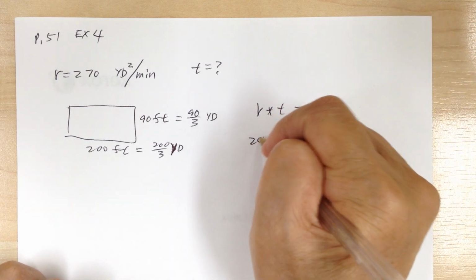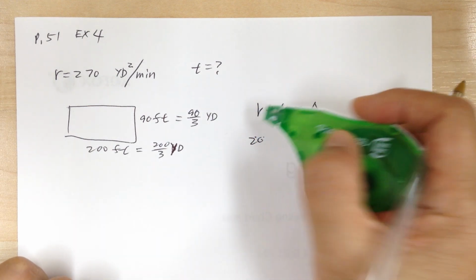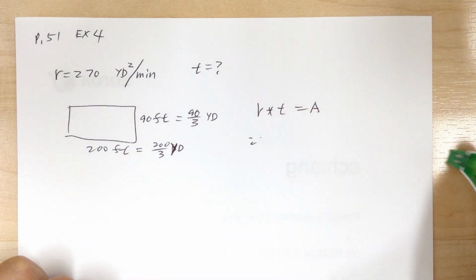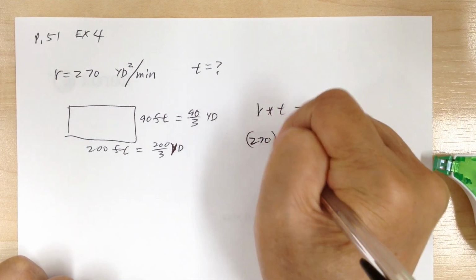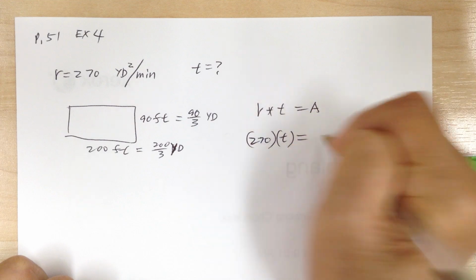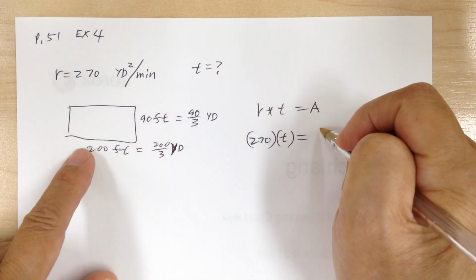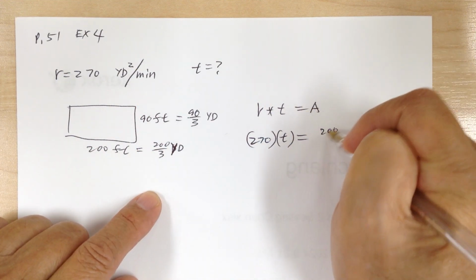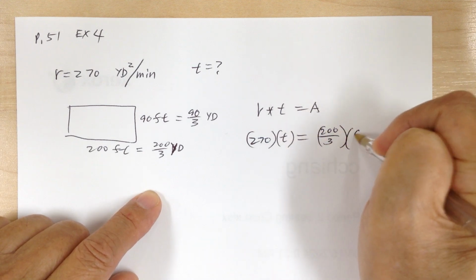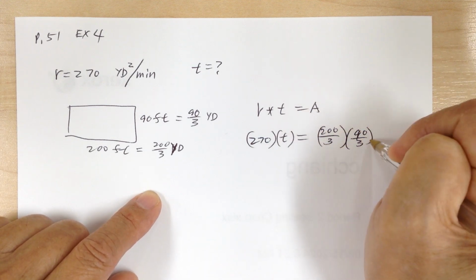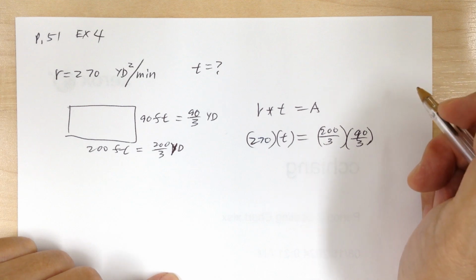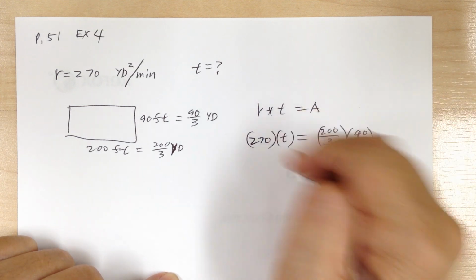So you got 270 times time equal to area. So area would be just base times height, so it would be 200 over 3 times 90 over 3. Okay? So let's go and simplify things a little bit.